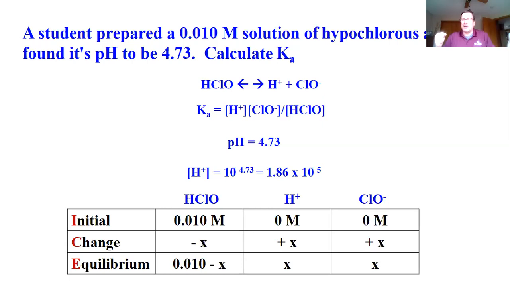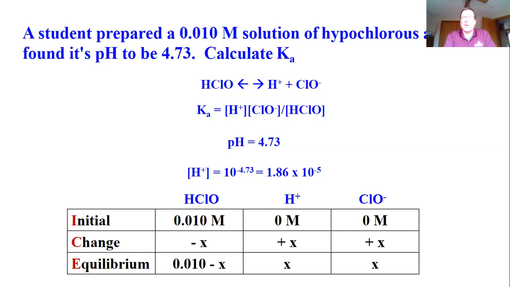And my hypochlorite ion concentration is going to be X, because it's 0 plus X, how much I gain. Now, here's where we come back and go, oh, wait a minute. We had the pH. When do you find the pH? When it's at equilibrium.